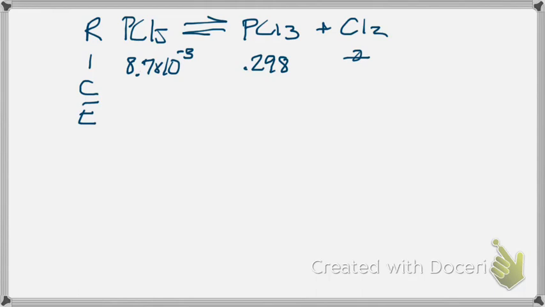At the change, when this reaction happens, we're going to lose a certain amount, so we're going to say minus x, and whatever x decomposes, we're going to say plus x and plus x. If we had a coefficient in front, we would be like 2x or 3x, depending on the coefficient.